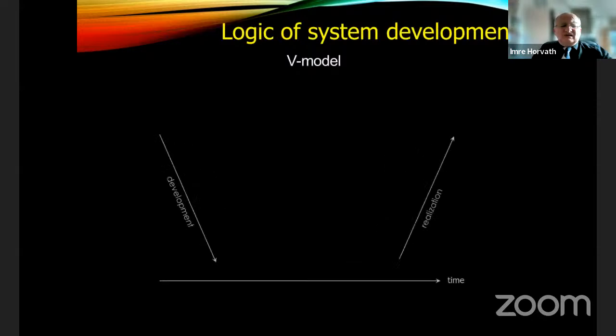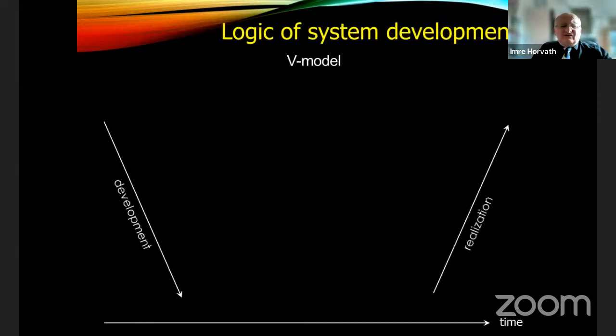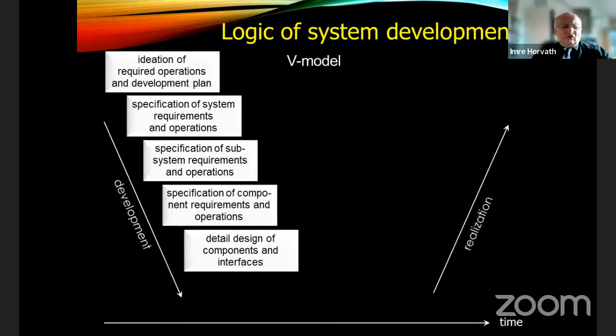There is a logic of system development, which is often illustrated by the so-called V model. It includes a development cycle: ideation, specification of the system requirements, specification of the subsystem requirements, specification of the components, and then the detailed design of the components and their interfaces.